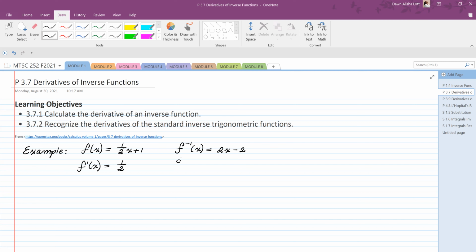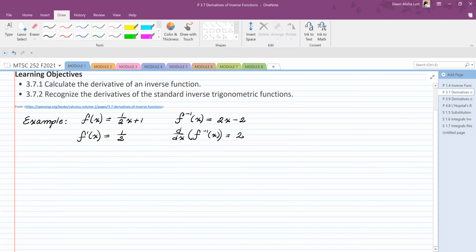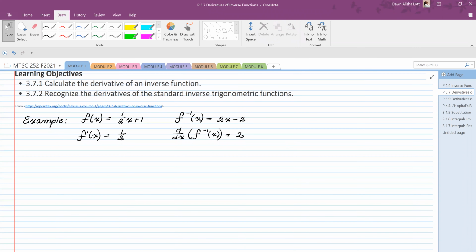If I take the derivative of f inverse of x, I just get 2. Notice they're inverses of each other, so the derivatives of inverse functions are inverse derivatives of each other.